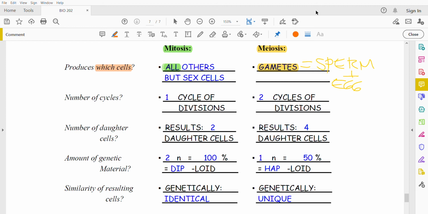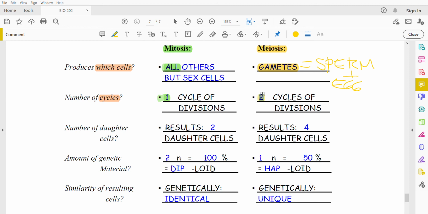Well, how many cycles of cell division do we go through in each? Let's have a look at that. I think that's an interesting thing to look at. And we remember in mitosis, we're of course going to do only one cycle of cell division, whereas in meiosis, we had 2 cell cycles.